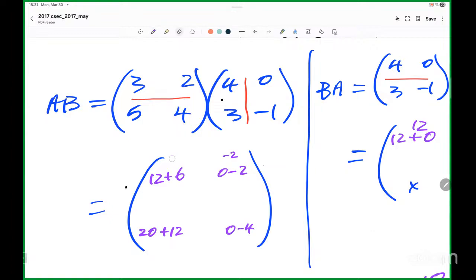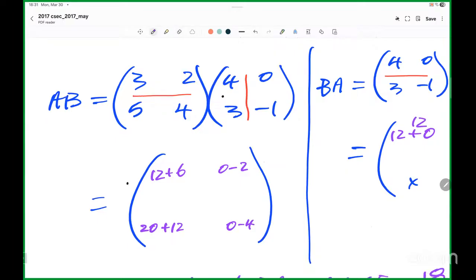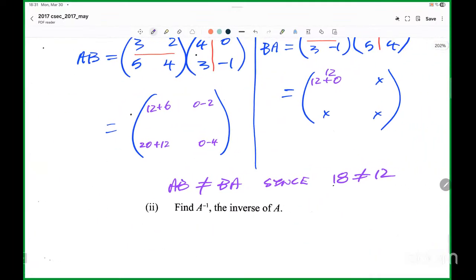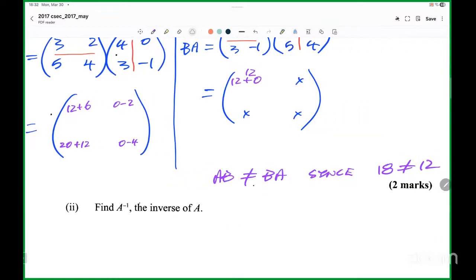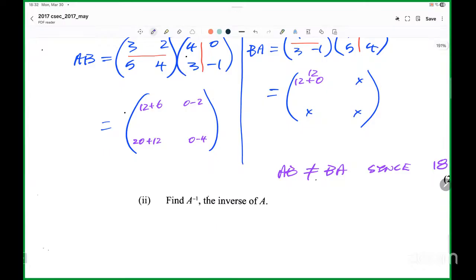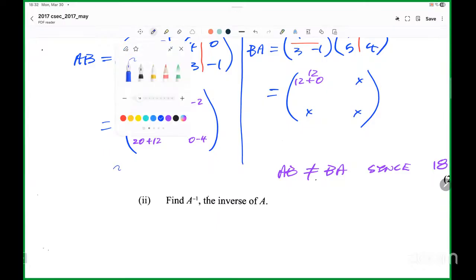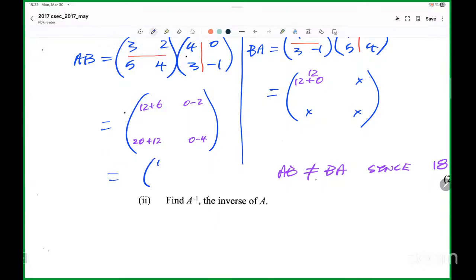Let me write these in the next line. Shifting this down and over, this matrix works out fully to be 18, negative 2, 32, negative 4.